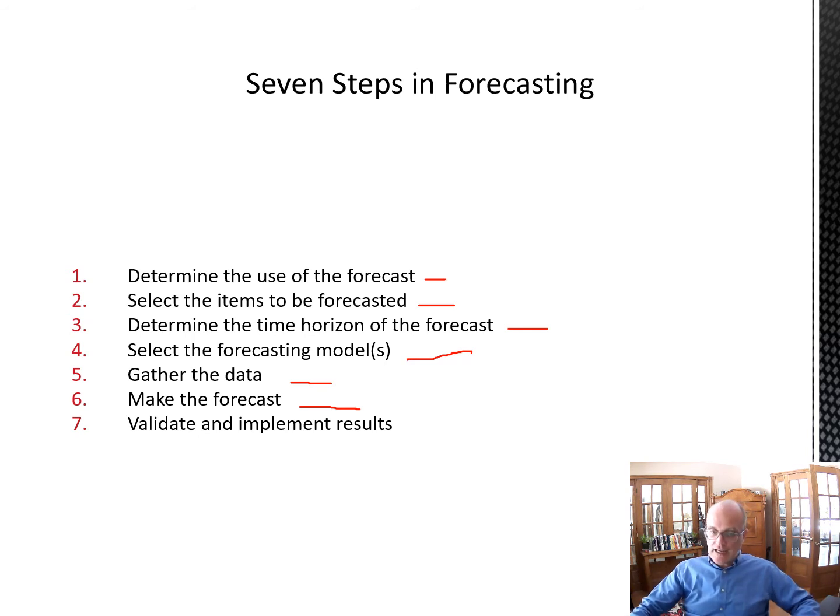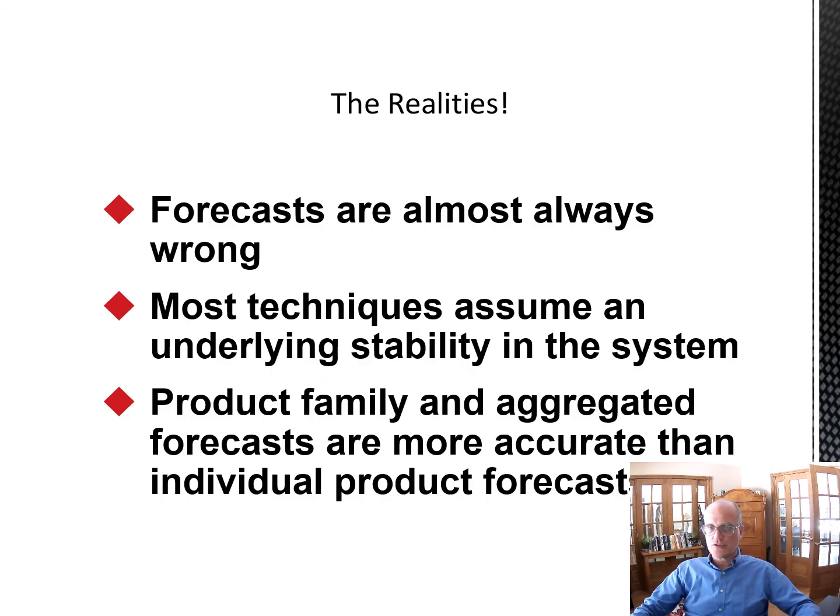So the forecast is different than the number that a model spits out. It is your management insight that finalizes the forecast, and then you validate and implement the results. And validate means, are we doing a good job? So we are constantly monitoring the effectiveness of our forecasting approaches.